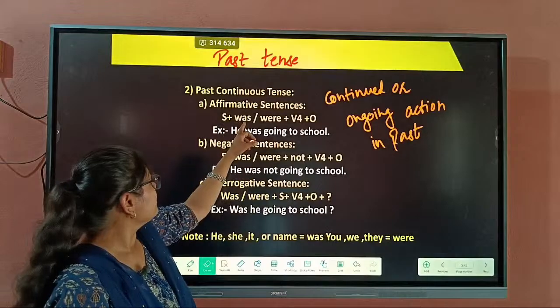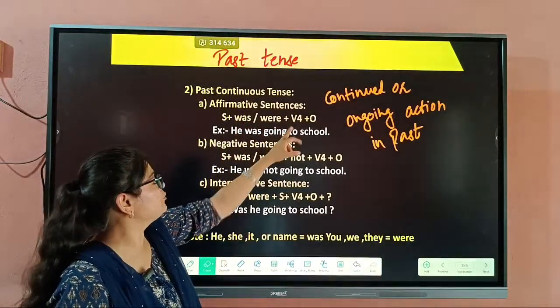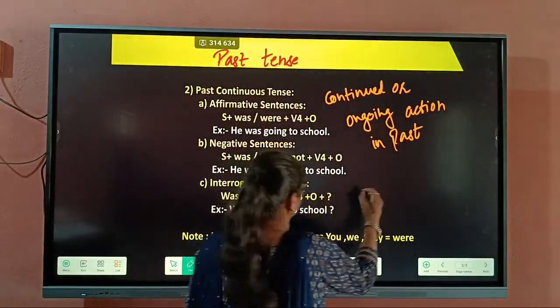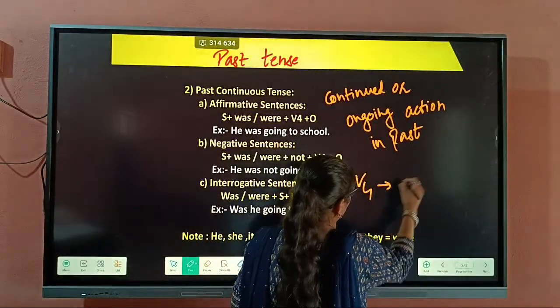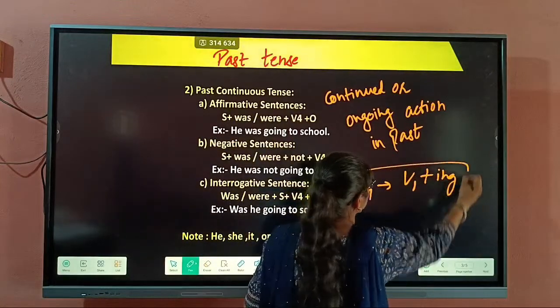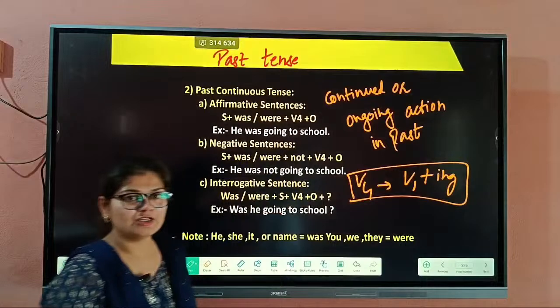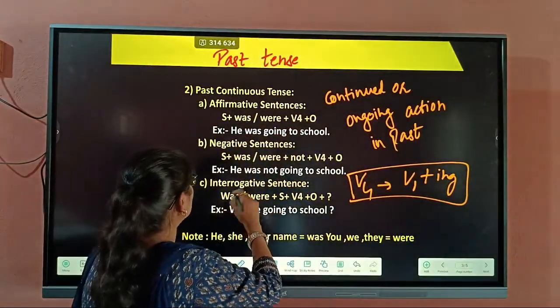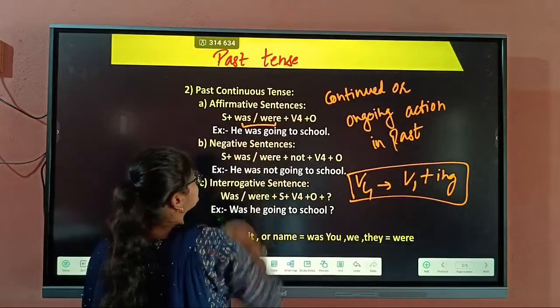S plus was verb plus verb's fourth form. You know about the verb's fourth form. Verb's first form plus ing is known as verb's fourth form. Clear, students? Plus object. What is the was word here?